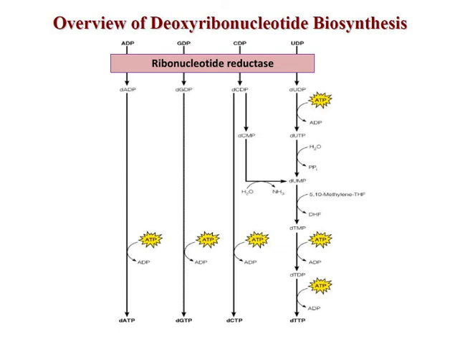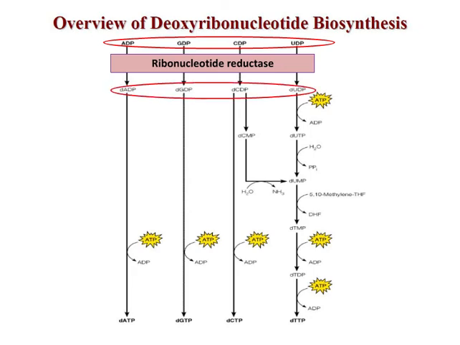Here's a good review of deoxynucleotide biosynthesis. Ribonucleotide reductase converts nucleoside diphosphates to deoxynucleotide diphosphates. ADP, GDP, CDP, and UDP are its substrates to produce deoxy-ADP, deoxy-GDP, deoxy-CDP, and deoxy-UDP.